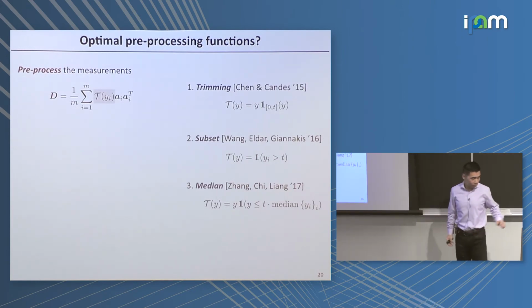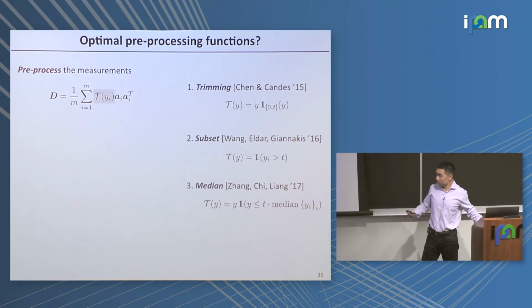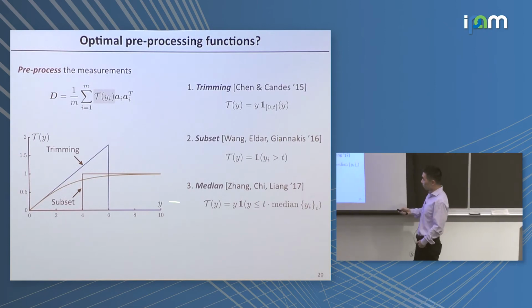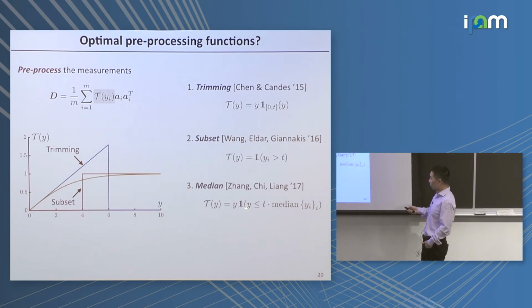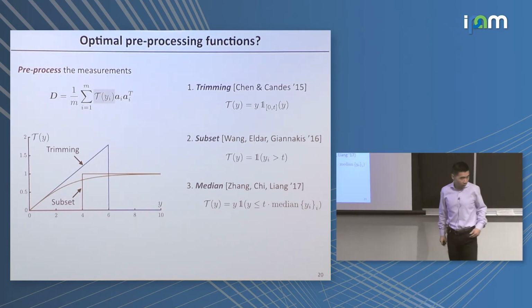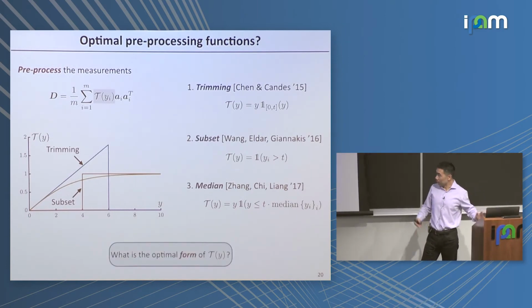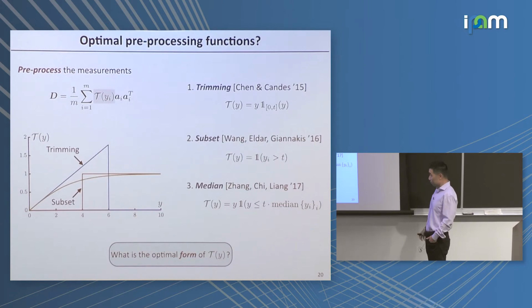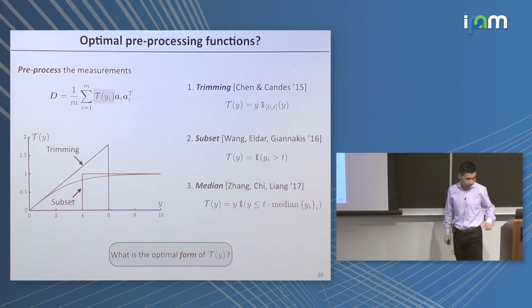It all boils down to picking your favorite functional form based on your intuition, with some parameters, and you tune these parameters. And the general problem is: what is the optimal form of T that can give you the best performance? This is the question that we can ask.